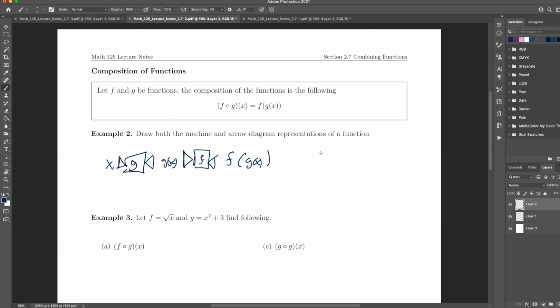Okay, or another way for the arrow diagrams, here I'm going to take x, I'm going to act on it by g. I'm going to get g of x, and then I'm going to act on it by f, and then I'm going to get f of g of x. Okay, so that's what's happening here. So let me show you this in practice.